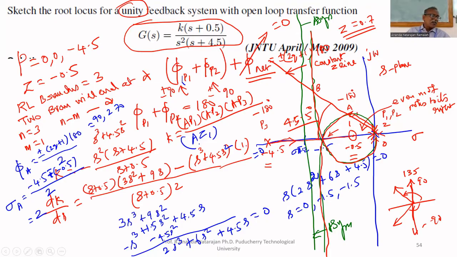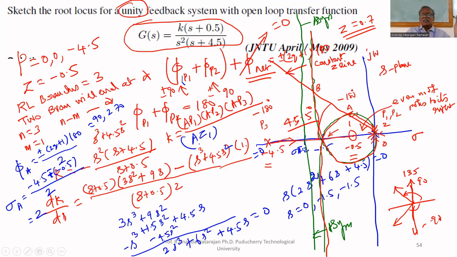Origin to that pole is called omega, so the time constant is 1 by omega. Therefore, A has the large time constant. At B, you will get a lesser time constant. The large time constant dominates in a system. Therefore, you have to find the gain K at A only, not at B.